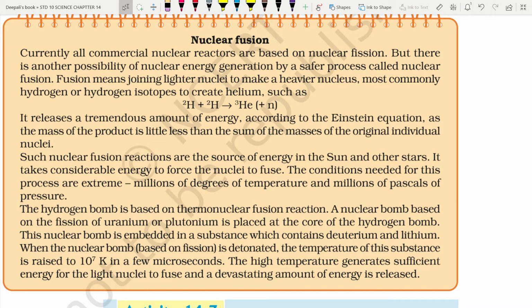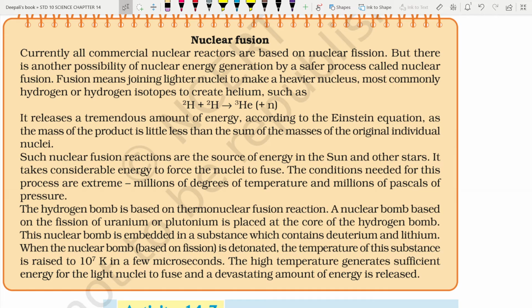The hydrogen bomb uses a thermonuclear fusion reaction. A nuclear bomb based on fission of uranium and plutonium is placed at the core of the hydrogen bomb. This nuclear bomb is embedded in a substance which contains deuterium and lithium.